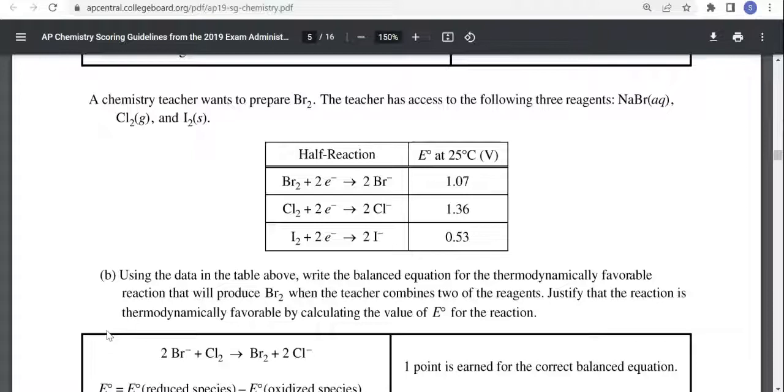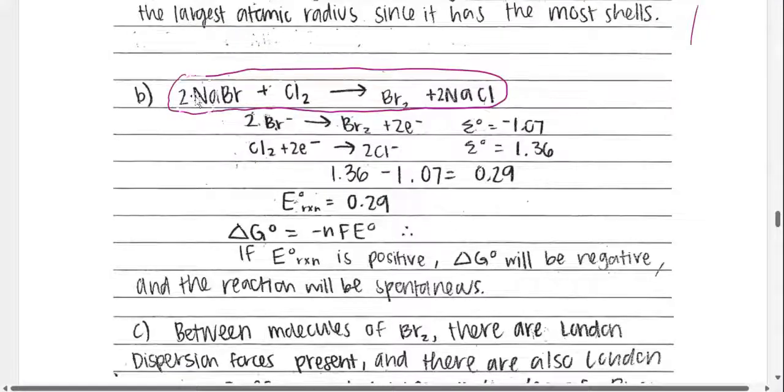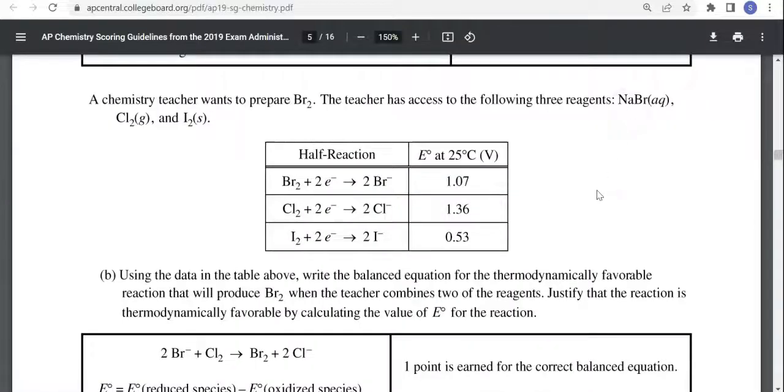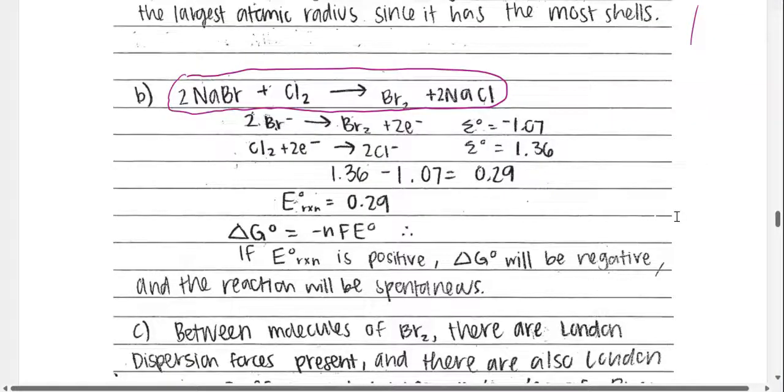It just asks for, write the balanced equation for the thermodynamically favorable reaction that will produce Br2 when the teacher combines two of the reagents. So yeah, I didn't even think about that, to be honest with you, that we would actually be using NaBr, but we would be. So I think this is perfectly fine to write it like this.